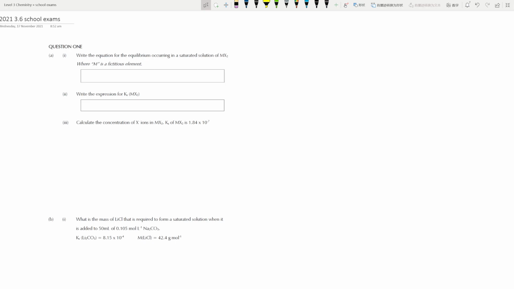So question 1, we are going to write the equation for the equilibrium occurring for a saturated solution of MX2. M is just a fictional element, so it doesn't matter what it is. That just means MX2 as a solid is going to partially dissociate in water, turning into M2+ and 2X-.